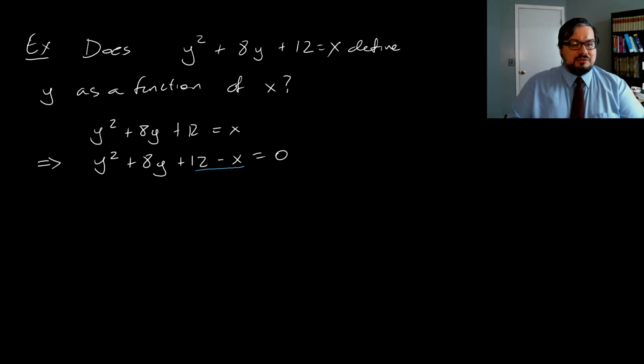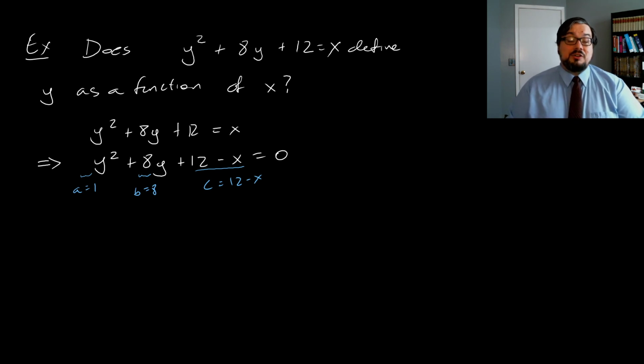So from here, we would want to try to move to the quadratic formula. Now, moving to the quadratic formula in this case, we would have an a of 1, a b of 8, and a c of 12 minus x. So this is a bit of a weird situation where we're using the quadratic formula, but one of our coefficients has a variable in it. But that's okay.